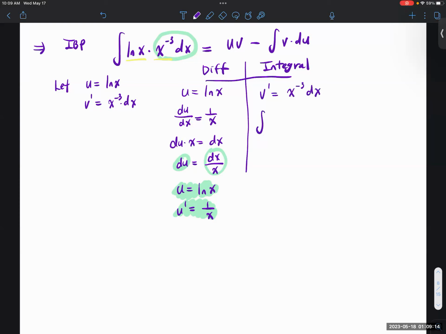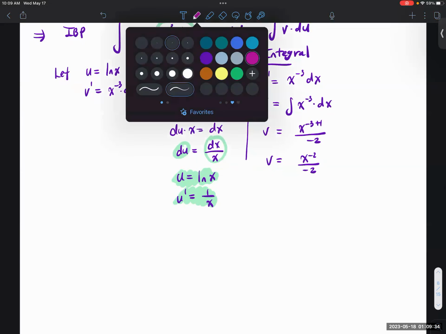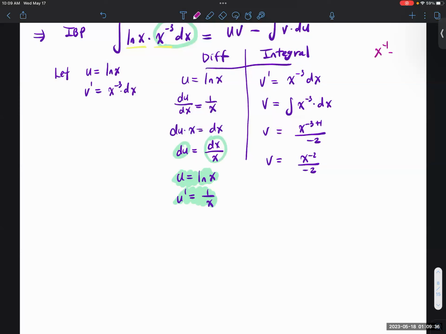You're going to take the integral to find out the v. So therefore, this is going to be x to the negative 3 plus 1, divided by that summation exponent. It is going to be x to the negative 2 over negative 2. Just a little bit of note: x to the negative 1 is 1 over x.